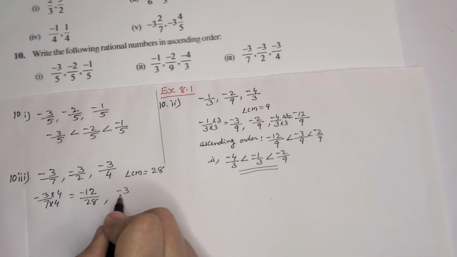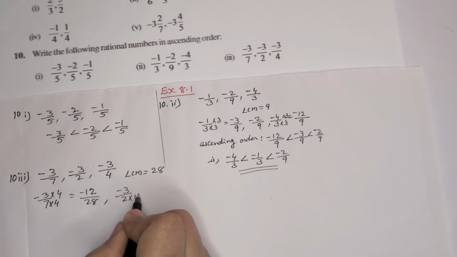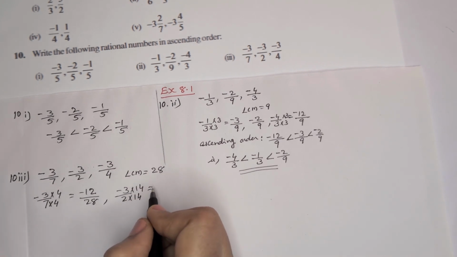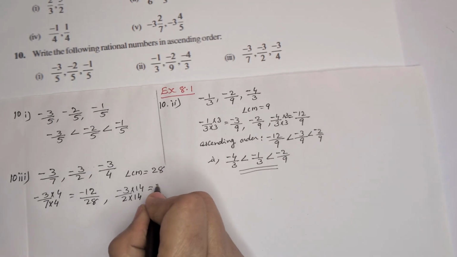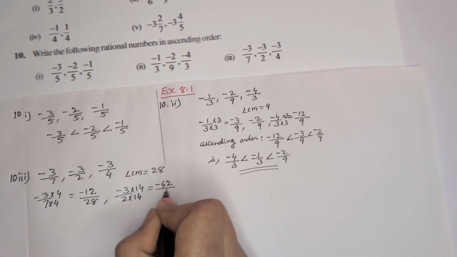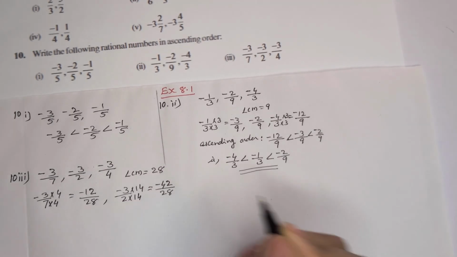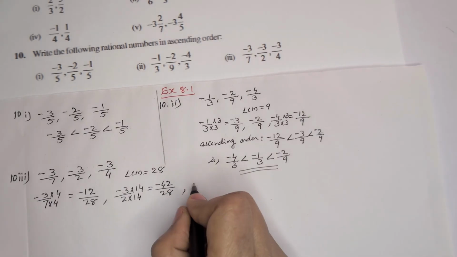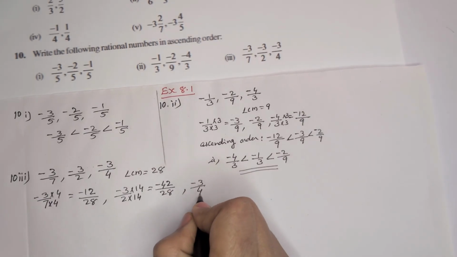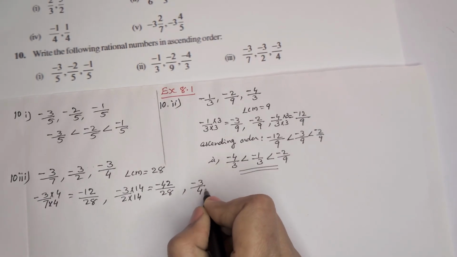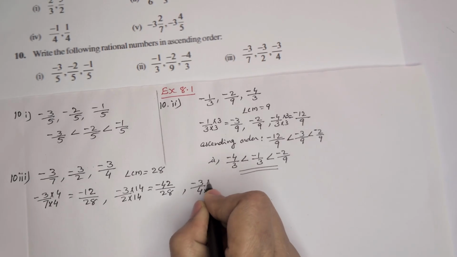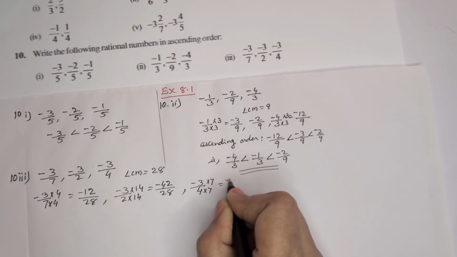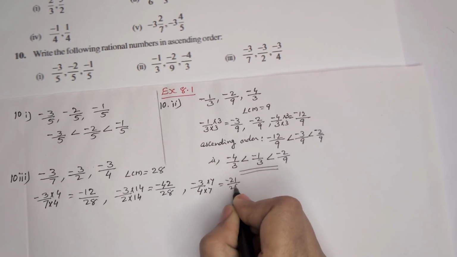Second number minus 3 by 2, we multiply with 14, so minus 3 into 14, that will come minus 42 by 28. Third number minus 3 by 4, when we are multiplying with 7, it will come as minus 21 by 28.